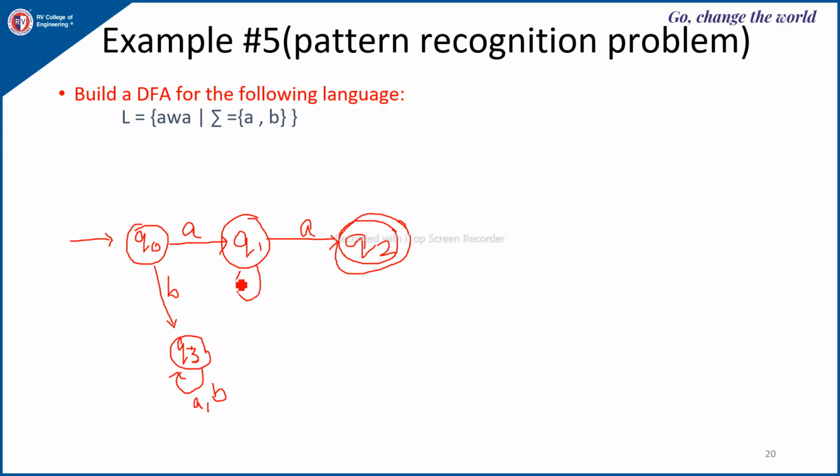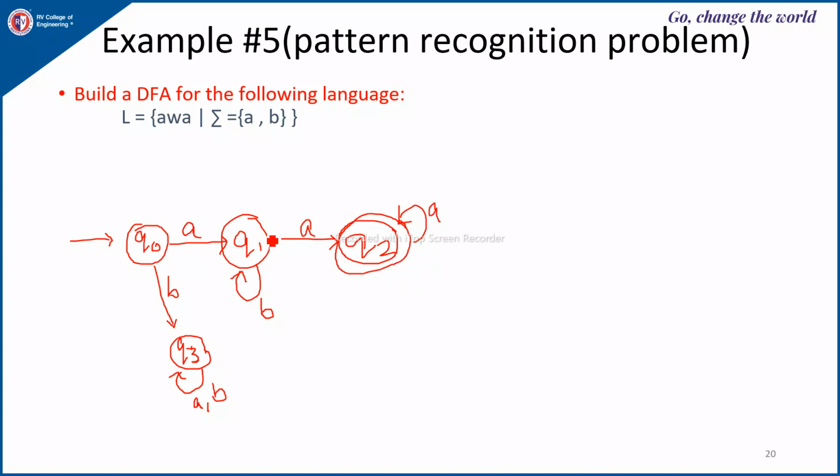So it will be a self-loop on B for the state Q1. So for Q1, I have transitions on A and B. For Q2, after A, I can have any number of A's again. It is still ending with A, so it has to be a self loop.